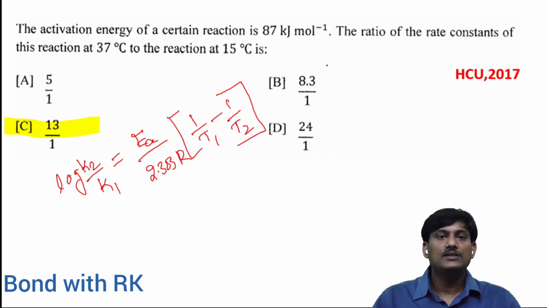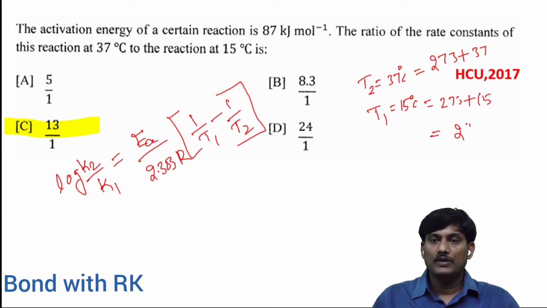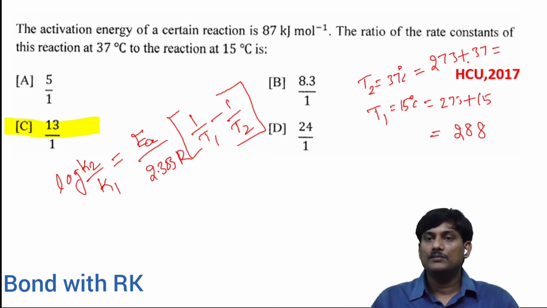Here temperatures are given. Let's take T2 as 37 degrees centigrade and T1 as 15 degrees centigrade. When you convert it into kelvins, 273 plus 37, and 273 plus 15, you will get 288 here, and 310 Kelvin.